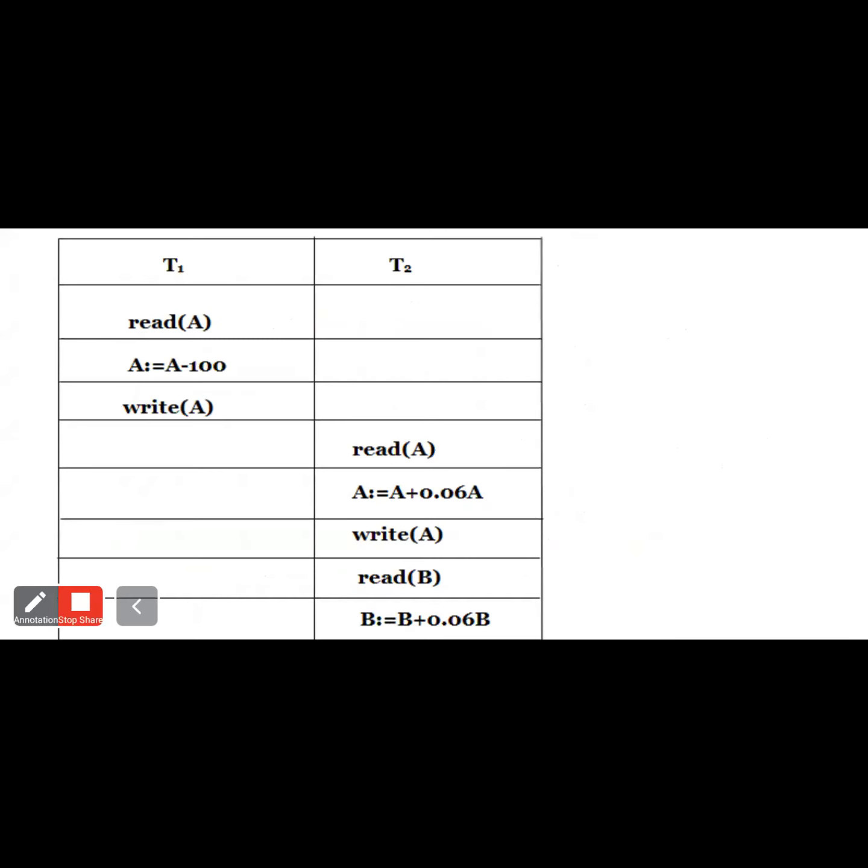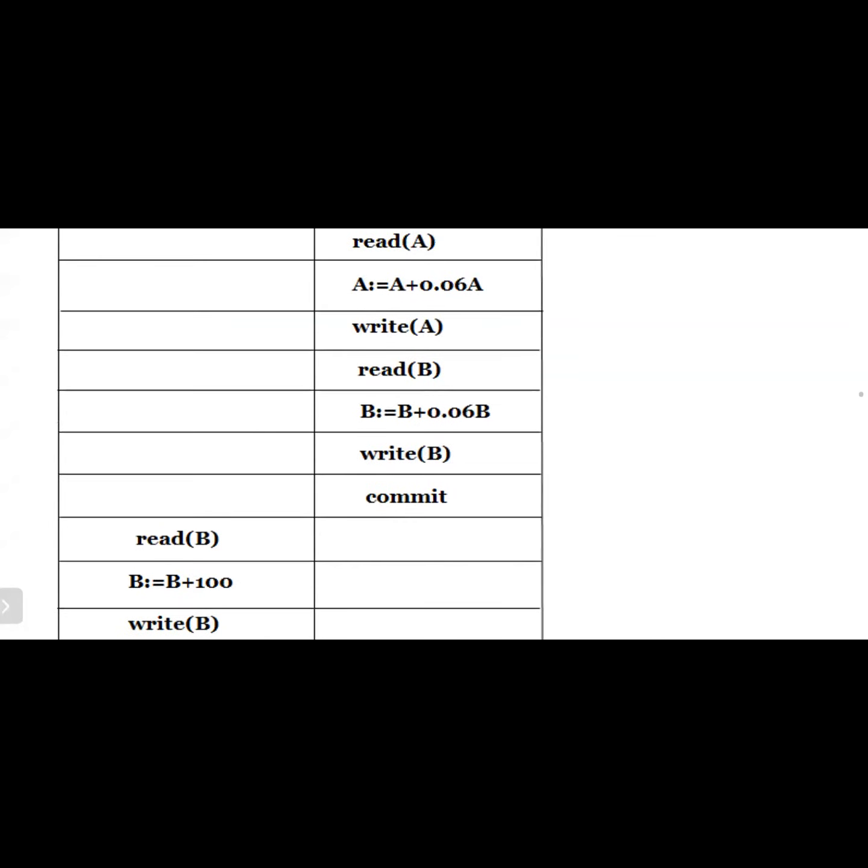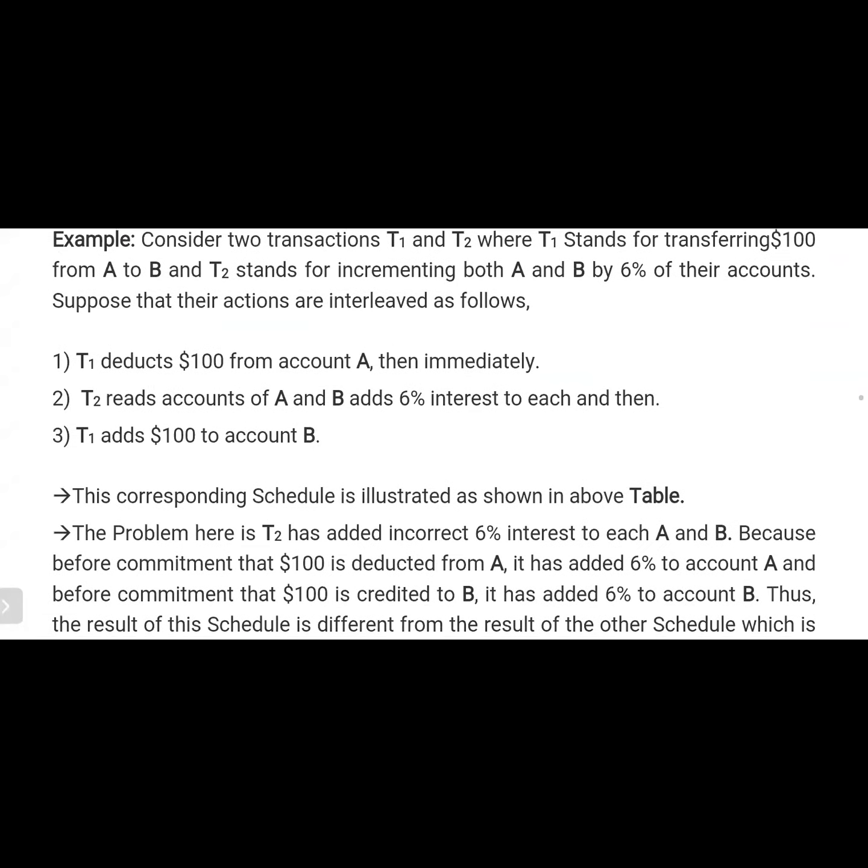Why? Because one transaction is performing a write operation on a particular data item while another transaction is performing a read operation. That type of error is nothing but reading uncompleted data. So this is also one of the problems.